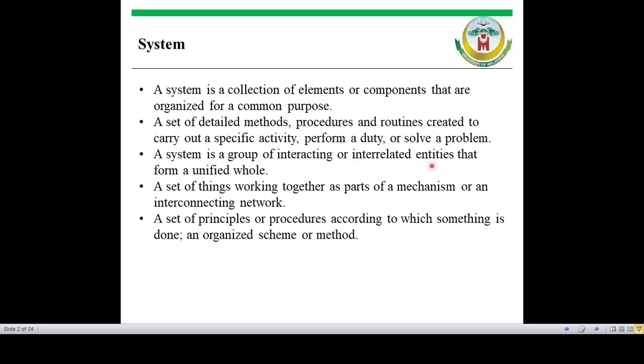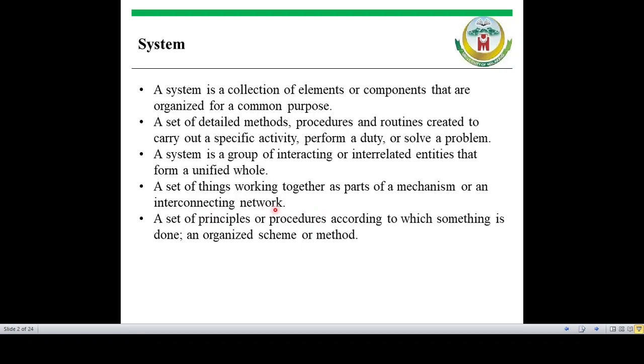There will be different entities, and they will be interrelated, and they will perform some specific task, and those different components combined form a unified whole, or they form one system. We can also define a system as a set of things working together as part of a mechanism or an interconnecting network.